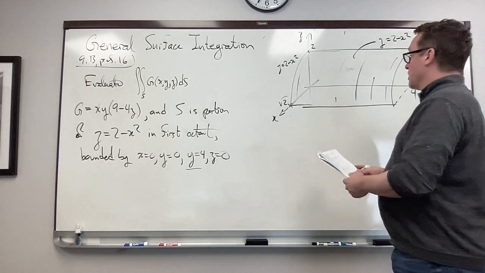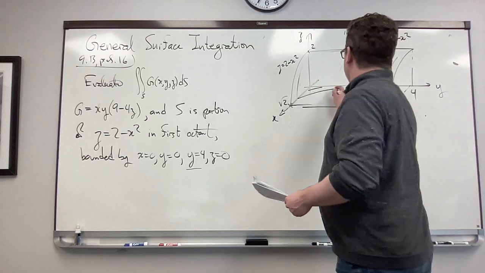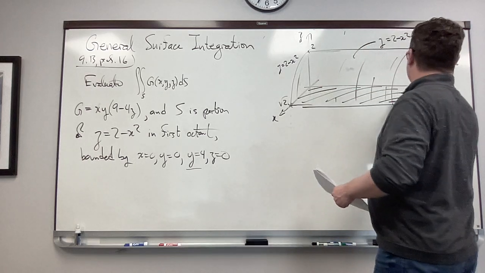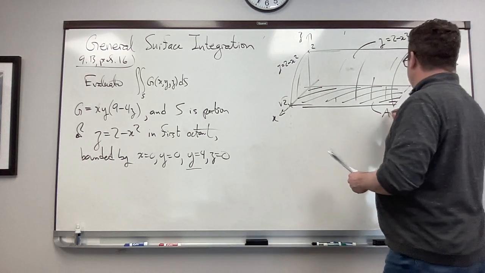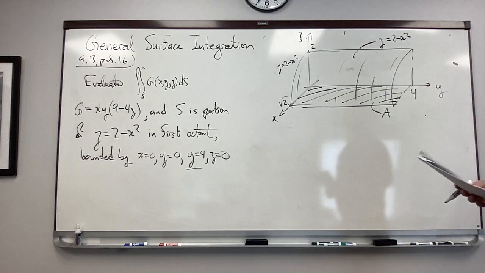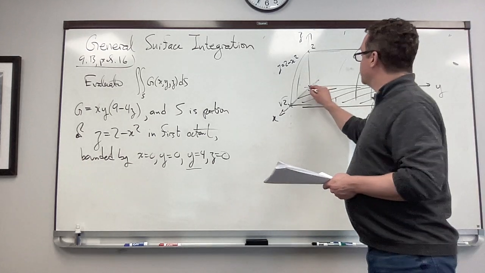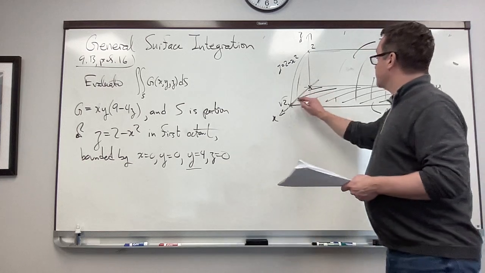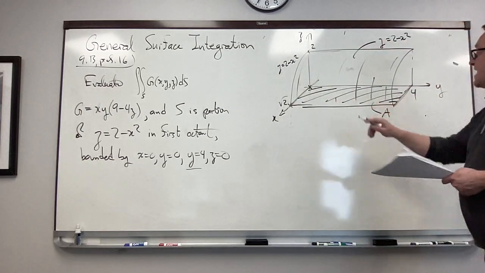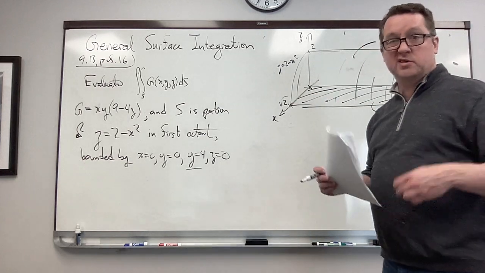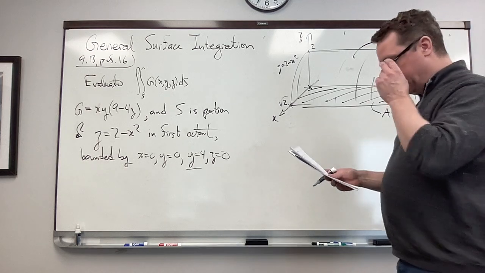Okay. So we're going to consider this region down here, right? The region A that we're actually going to integrate over. And it's in the xy plane, with limits x equals 0 to root 2 and y equals 0 to 4. So it's a rectangular region in the xy plane, which is going to make this relatively easy to do.